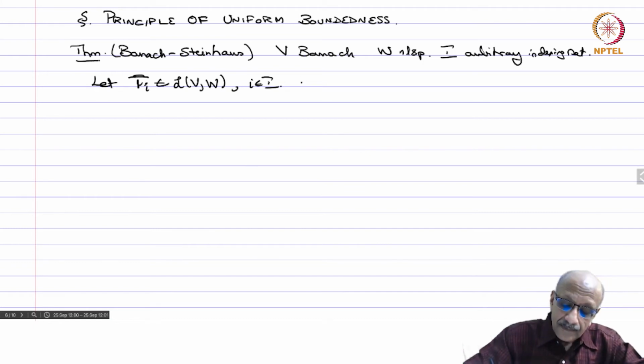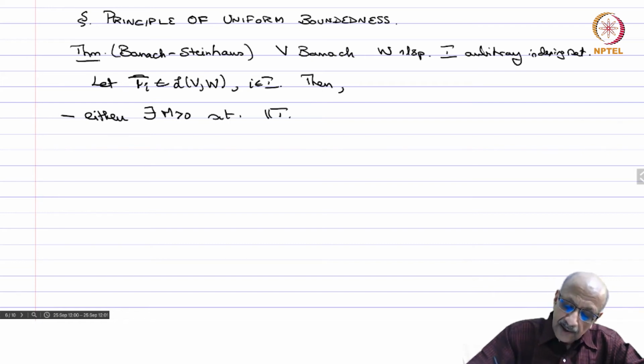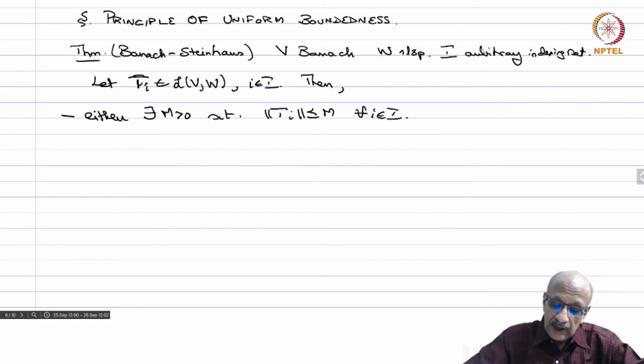Then there are two alternatives: either there exists an M positive such that norm Ti is less than or equal to M for all i in I. So the Ti's are uniformly bounded. So you see the title which is coming up here.